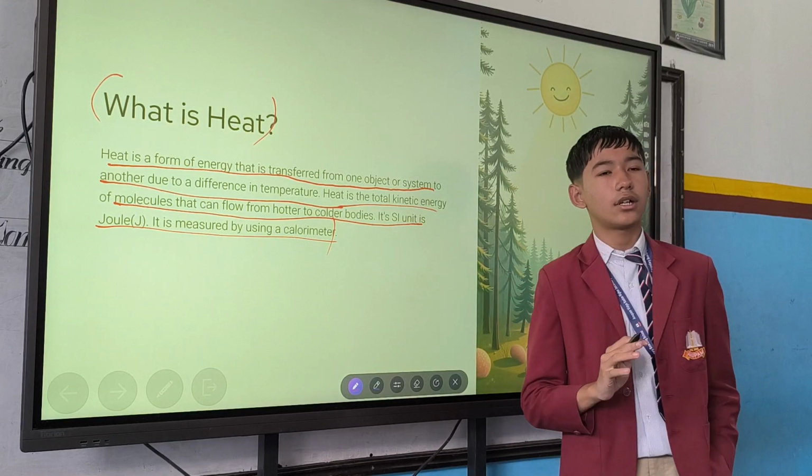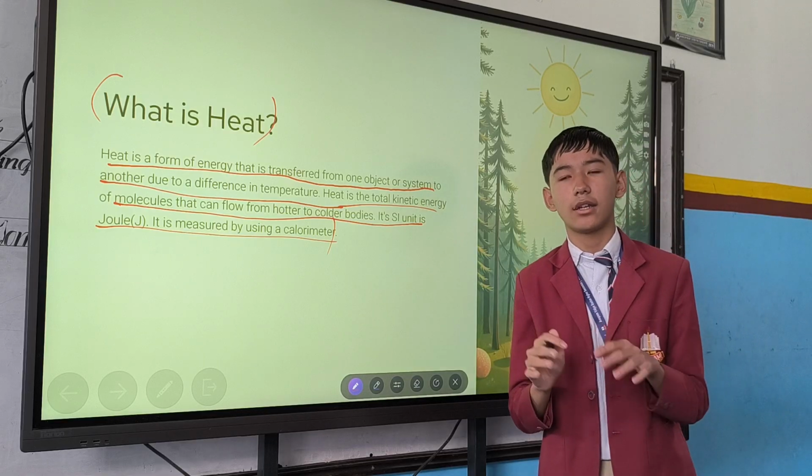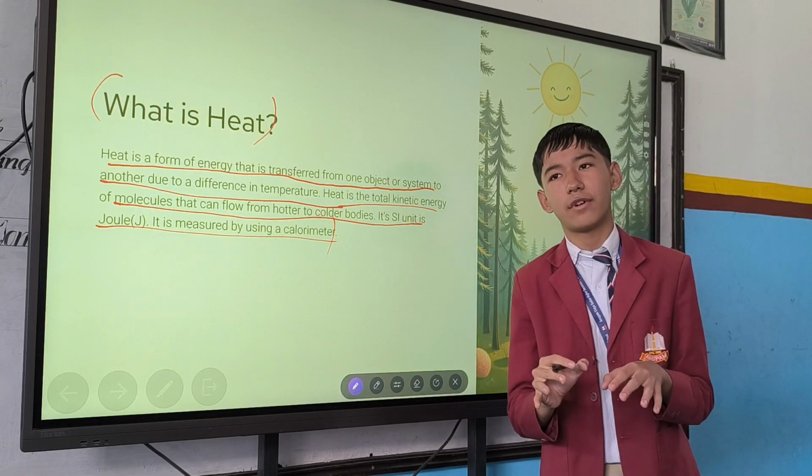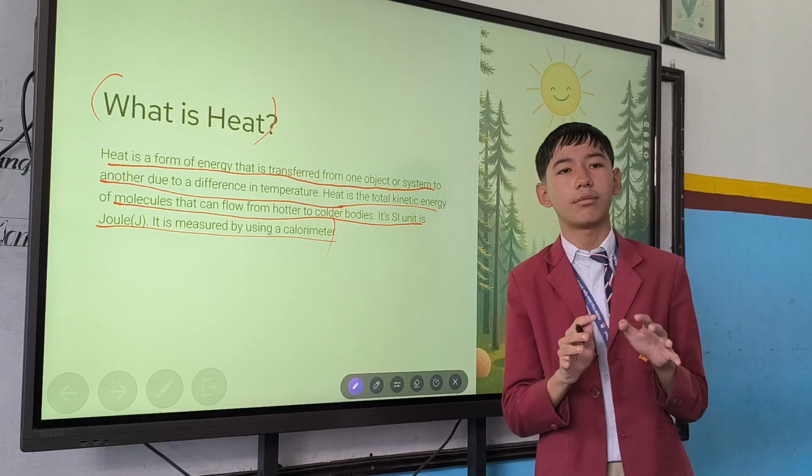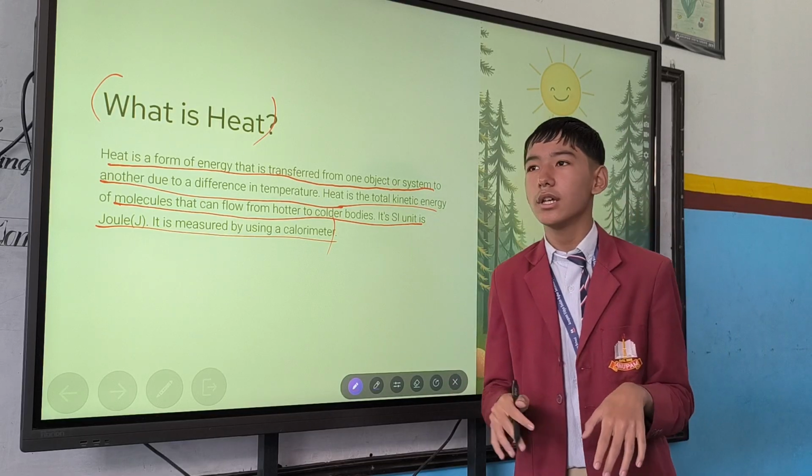If we place our hand near burning firewood, we can feel a sensation of warmness in our hands. That's the heat energy.